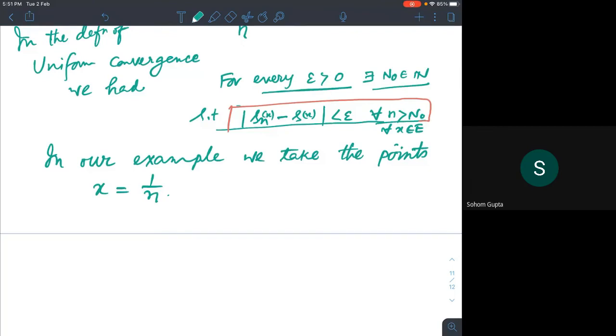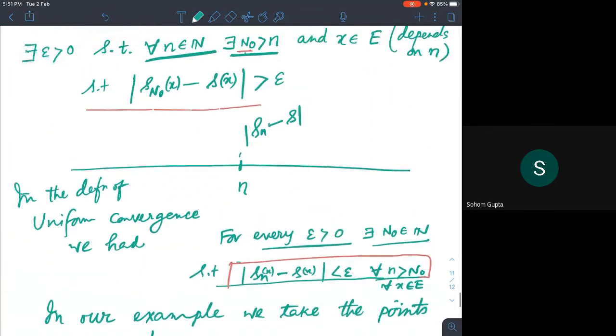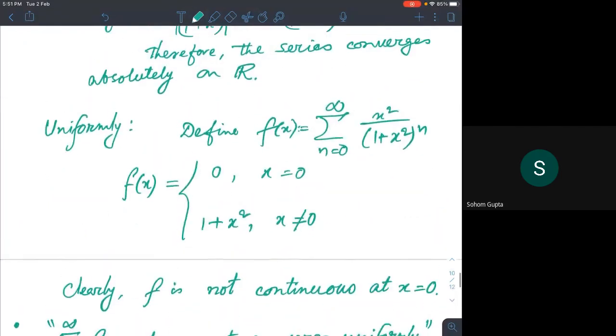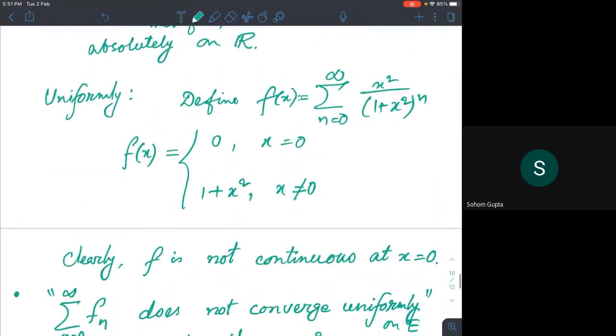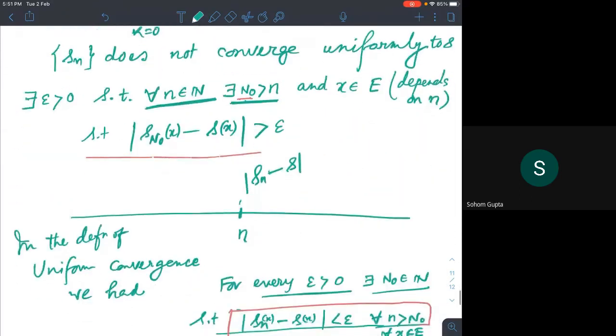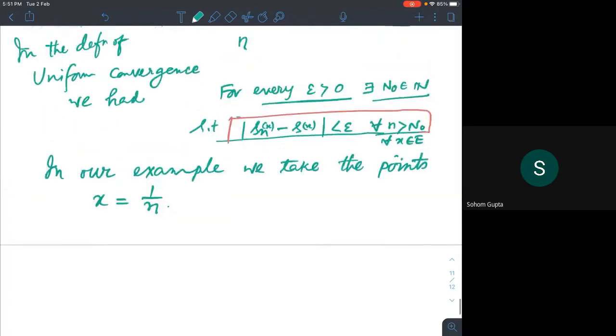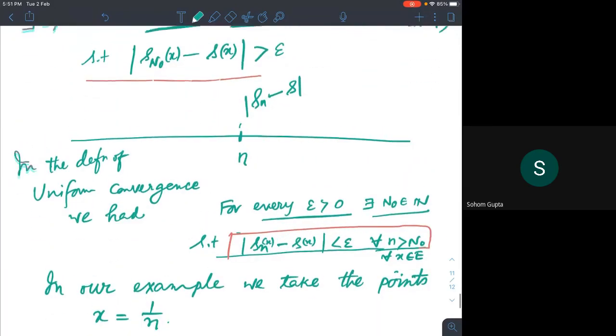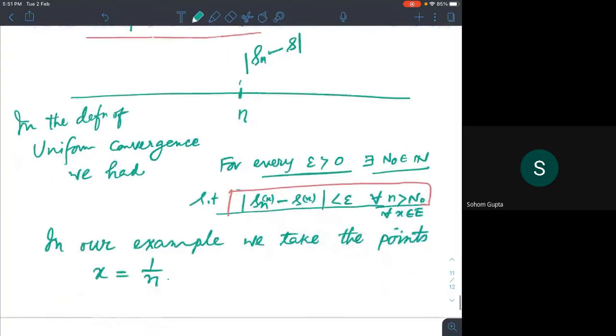And at each 1 over n, you will evaluate. For each n, we look at this 1 over n, and as you go near 0 you'll see what happens to Sx at x equal to 0.